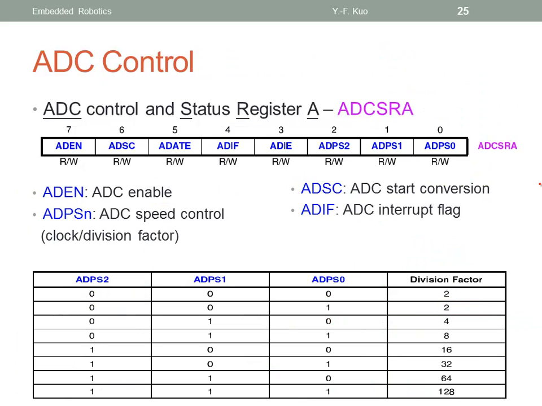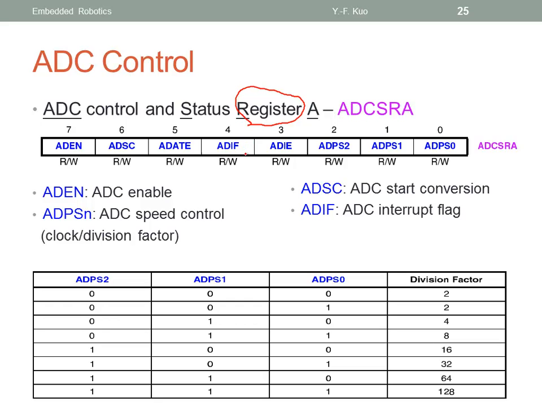Okay, and as I said, in order to use the ADC conversion, we have to control it. So how do we control the microcontroller? If you remember from the last lecture, we need to use registers to control the function of a microcontroller.